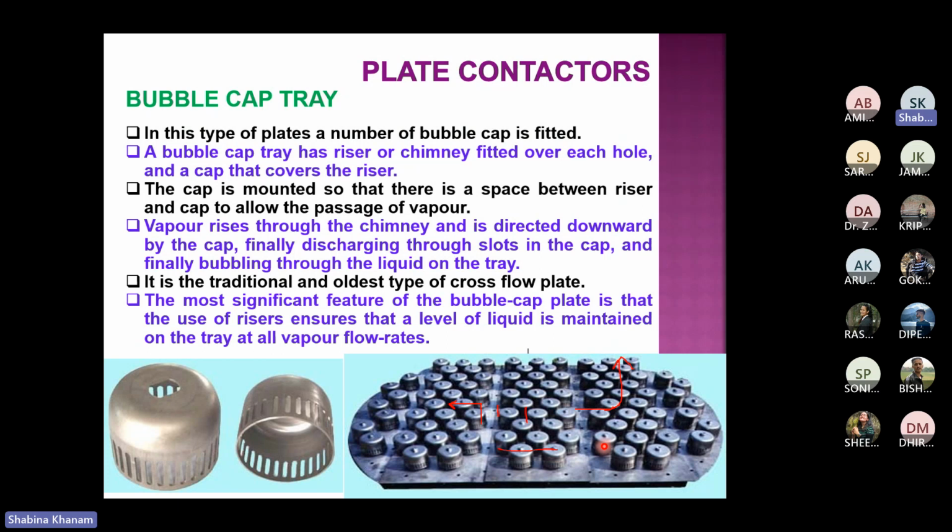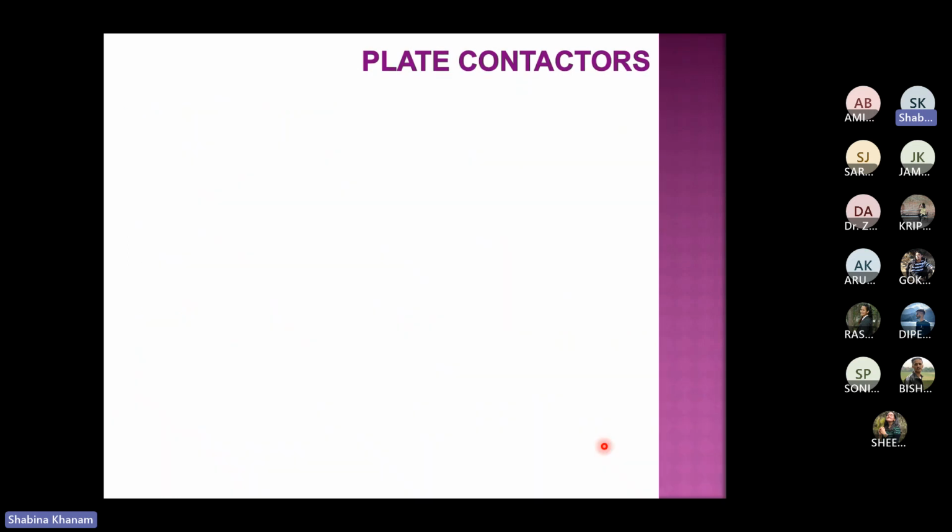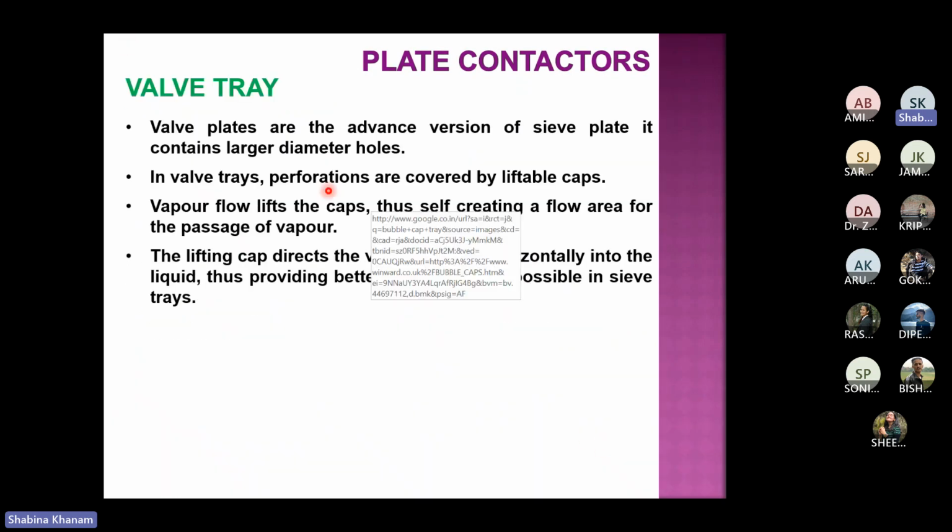Now as you know, sieve plate is very cheap and very simple, but the possibility of weeping is higher. That we can address through bubble cap tray, but that is again very costly. So is there any tray available in between the two? The answer is yes, and that is valve trays.